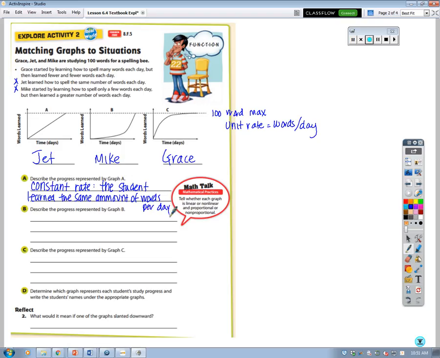Meaning his rate of change did not change. His rate of change was constant every day. His unit rate was the same every day.